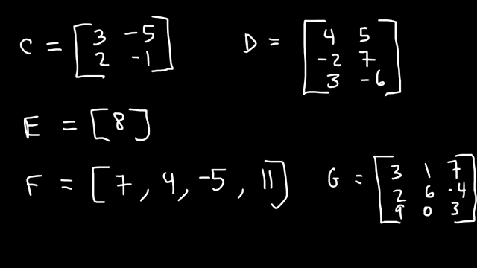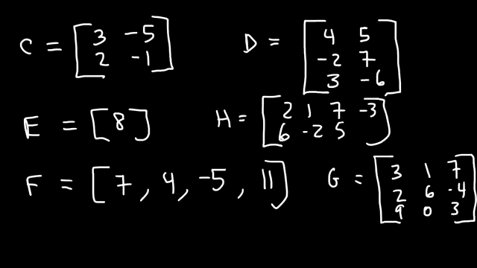So identify the order of each matrix. Go ahead and try that. Let me just give you one more. Matrix H, which is going to be 2, 1, 7, -3, 6, -2, 5, and 4.